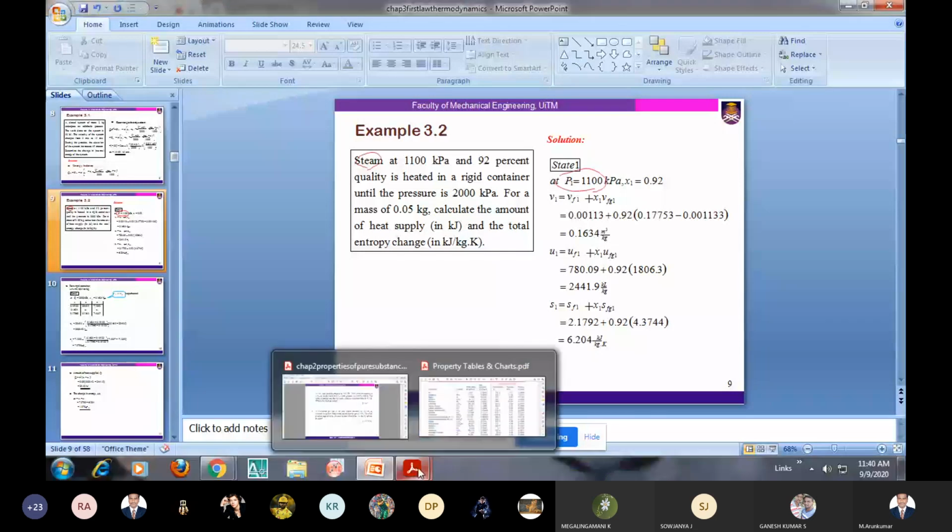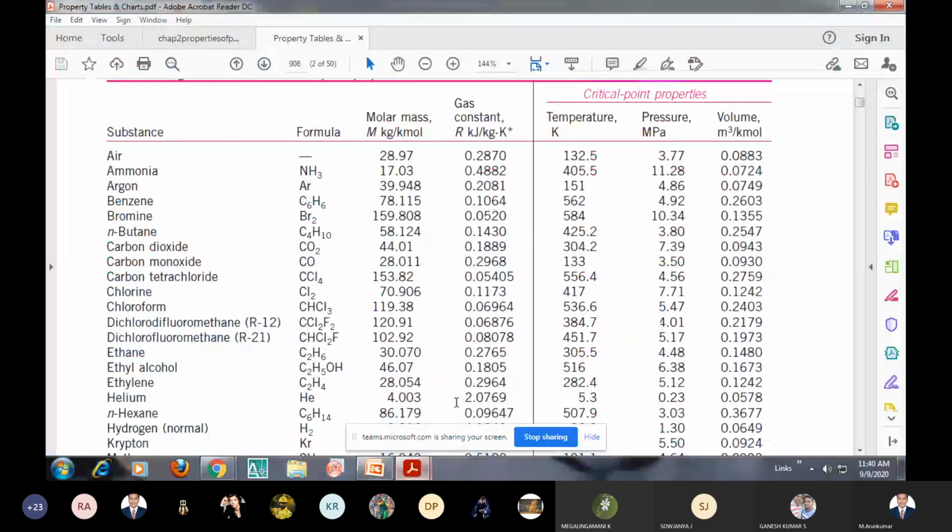Here I was using the property tables that were newly added in your files folder.